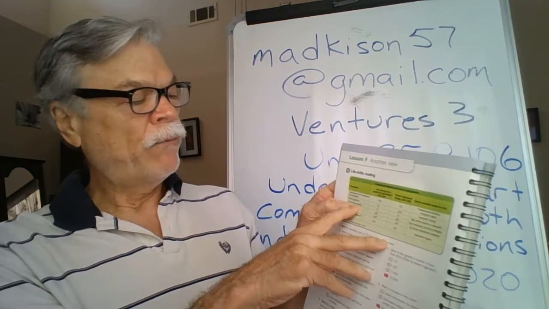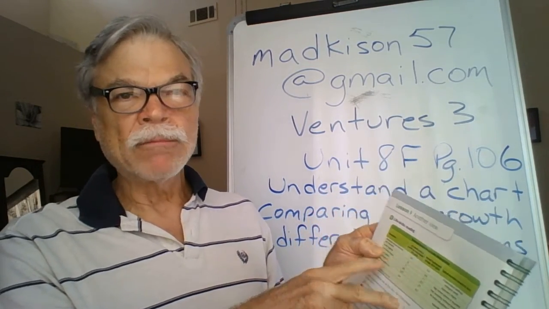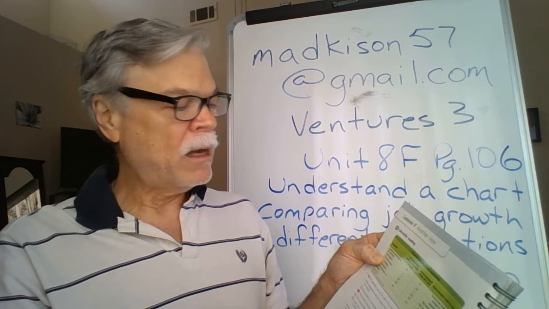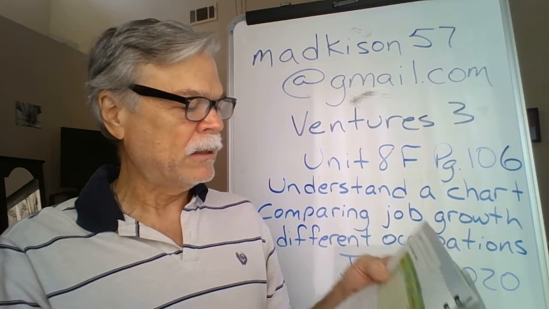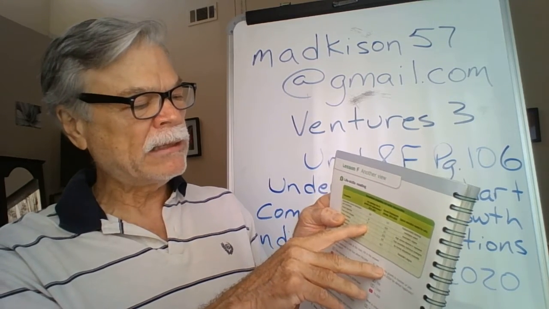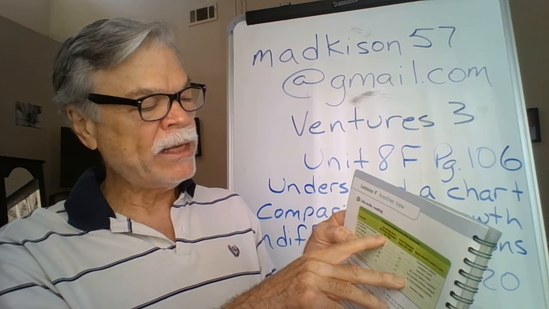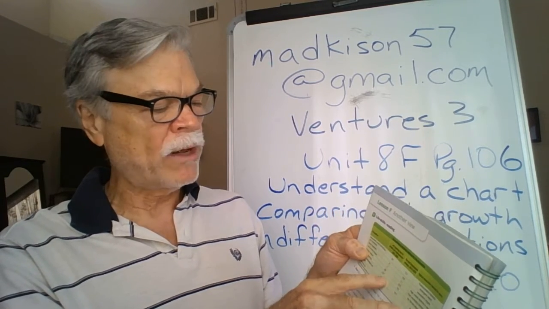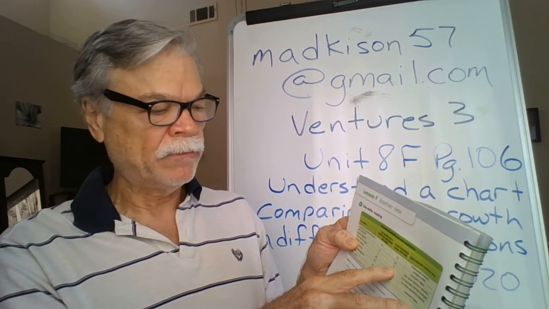Next is food service managers. Those would be managers at restaurants or fast food restaurants. You can see that that's a 77,000 job increase between 2014 and 2024, or a 5.1% increase.